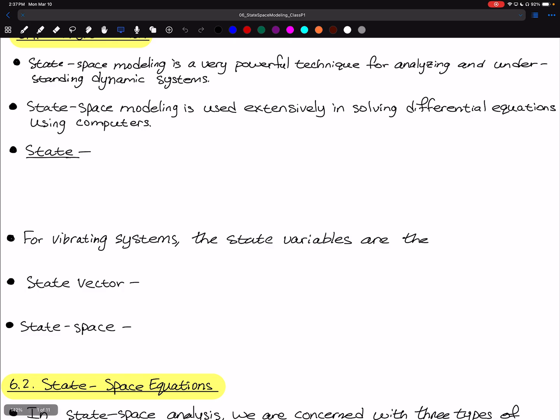Okay, so the state of a dynamic system is the smallest set of variables needed, along with the input, to completely determine the behavior of the system.